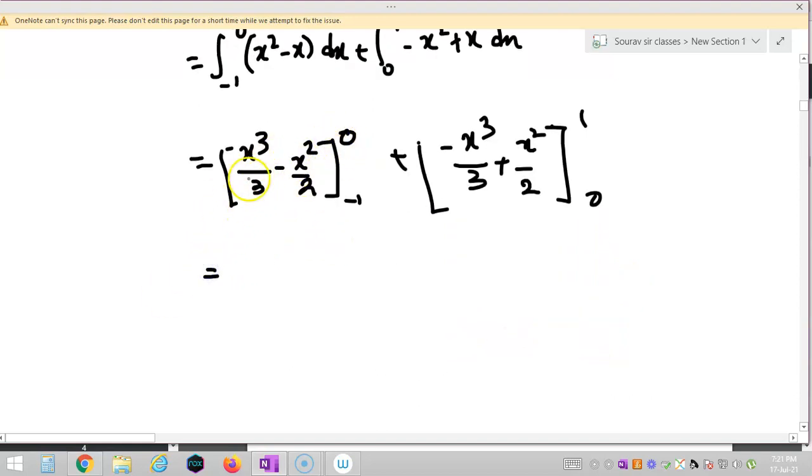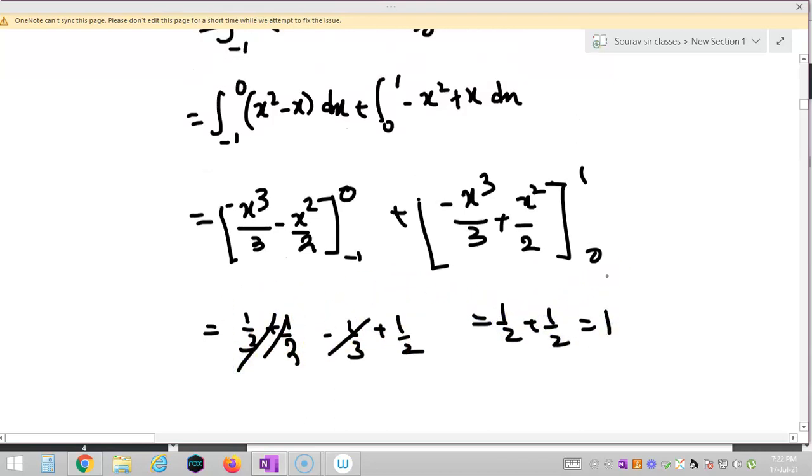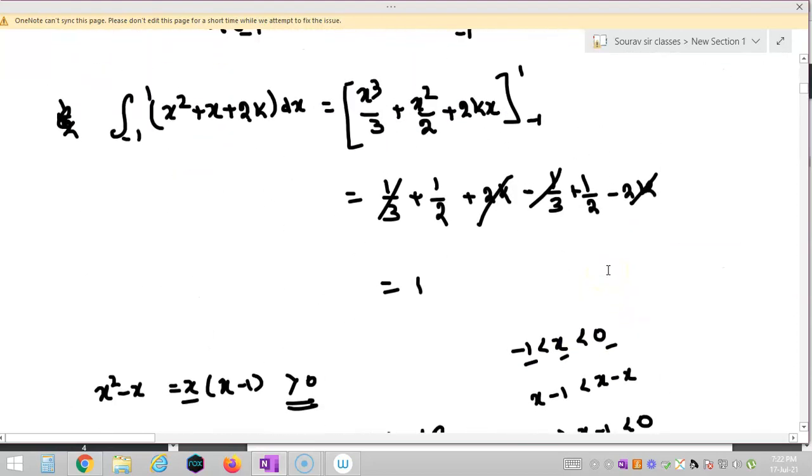When you put -1, it gives 1 by 3 and 1 by 2 with the signs worked out, so it is 1 by 3 plus half. When you put x equal to 1, it will be minus 1 by 3 plus half, so cancelling, it will be 1 by 2 plus 1 by 2, which is equal to 1, right? So we have found the value of this integration.